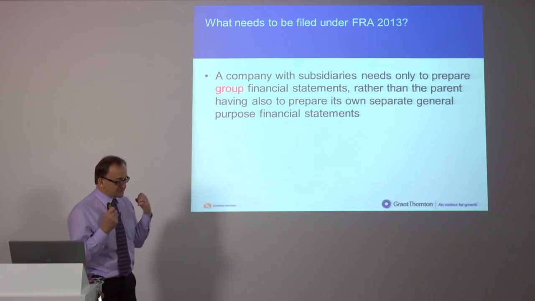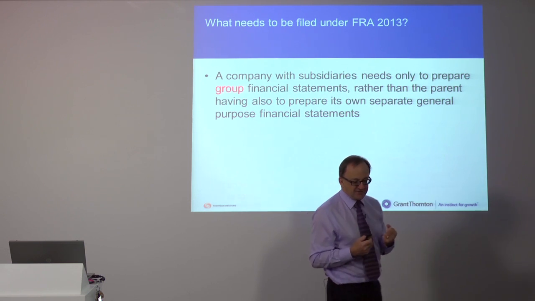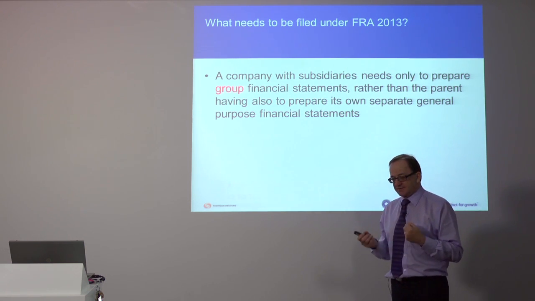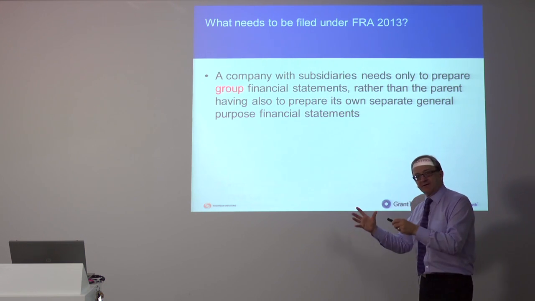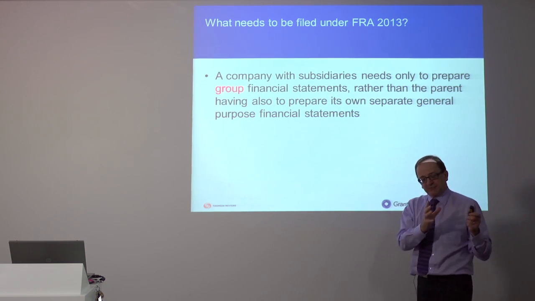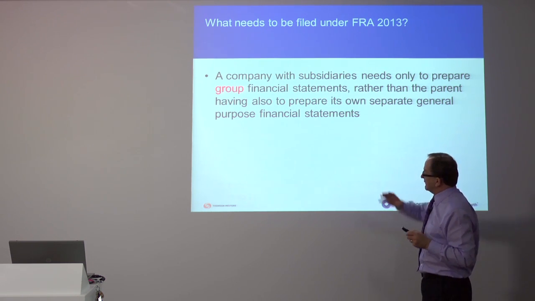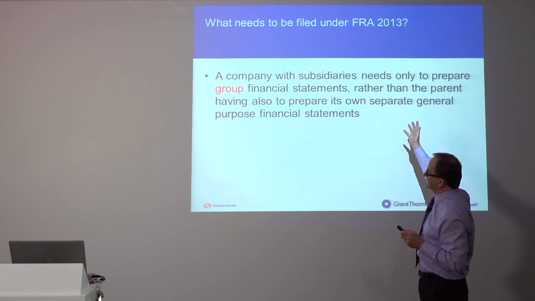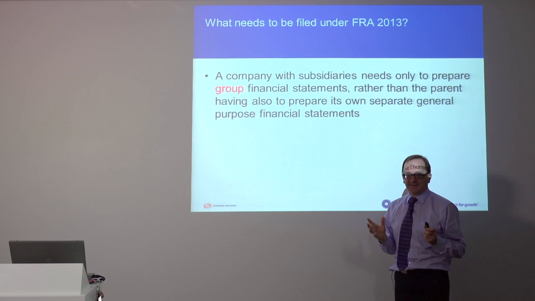And I suppose, in terms of financial reporting, one of the things that perhaps has set New Zealand aside from some jurisdictions is that we have both parent company financial reporting and group reporting. Well, one of the changes going forward as a result of the 2013 Act is that we have group financial reporting only.